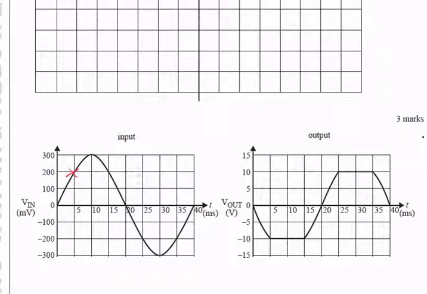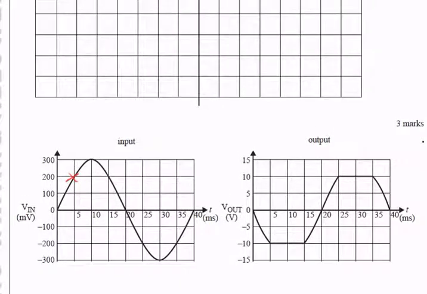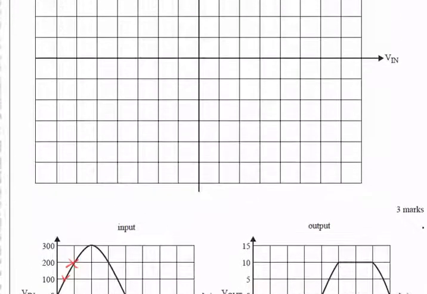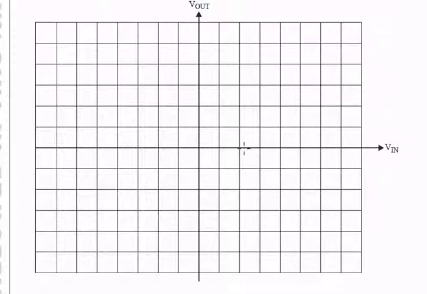So we know 200 millivolts turns into minus 10, so that's one of the ones I'm going to put in. 100 millivolts turns into minus 5. Put those ones in first. So I'm going to spread this out. This is going to be my 100. This is going to be my 200. Here's my 300.